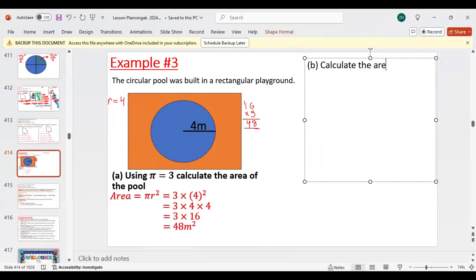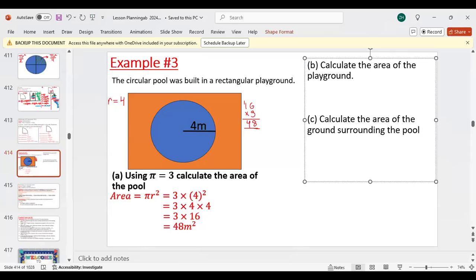Calculate the area of the playground. Right? That's what we want to do. And then we want to calculate the area of the ground surrounding the pool.